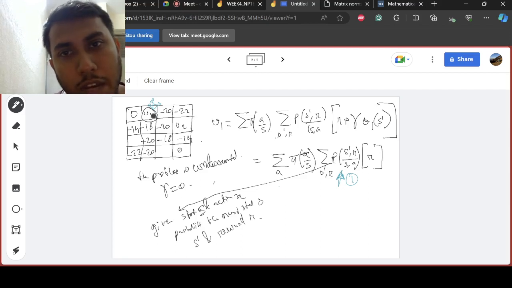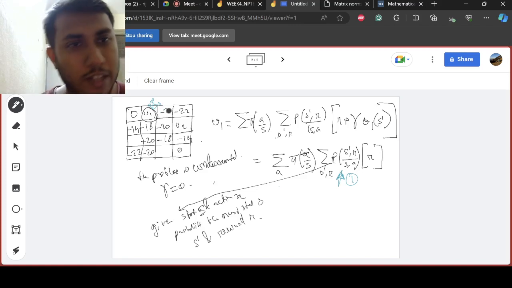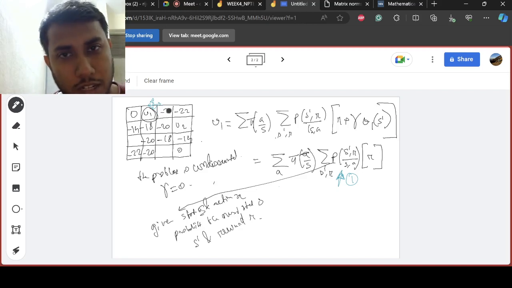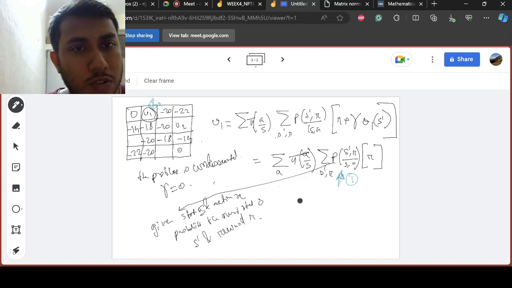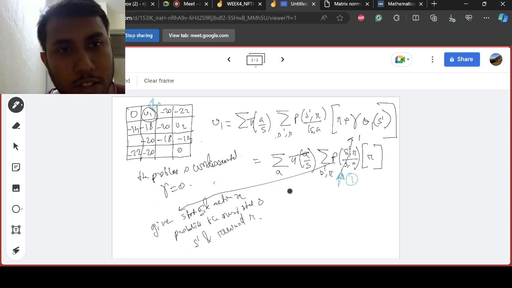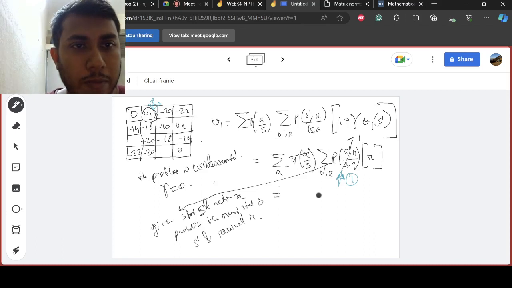But you see here we have fixed values of rewards. Suppose we are going left. If the action is left, there is only one reward and only one state, so it is deterministic. So this probability tends to 1.